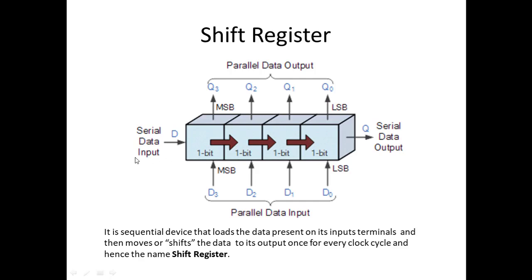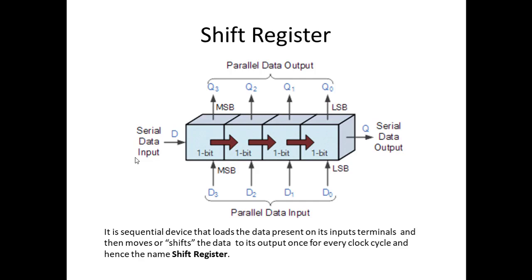Accordingly, it's a sequential circuit. Depending upon the clock, how many clock pulses you are giving, the bits will be shifted. If I am giving 4 bits, it is a 4 bit register, and we will be using 4 flip-flops for storing the 4 bits.